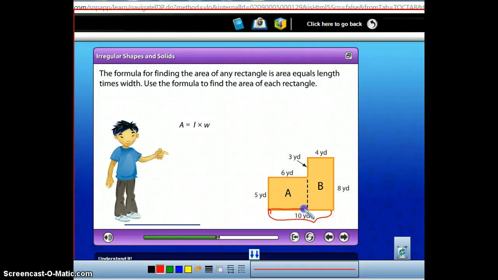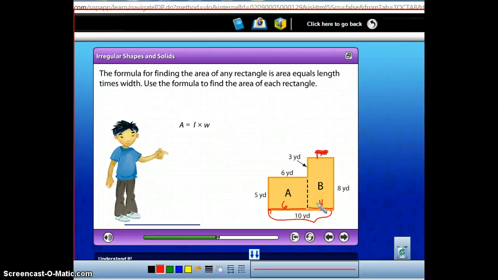We only want this much here, which is 6. Notice that this is 6. In this rectangle, this side here is equal or congruent to this side here, which is 4. 6 plus 4 equals 10. Even if I didn't know that this was 4, I could still figure out what it was because I know that this side is congruent to this side.